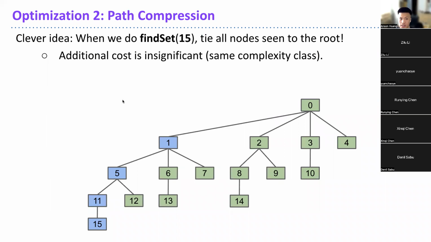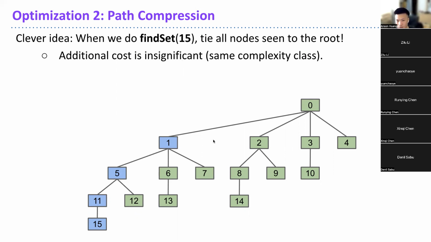The second optimization is that when we do find set on 15, we can tie all nodes seen to the root. The additional cost is insignificant because once you connect them, it just makes everything a lot faster.